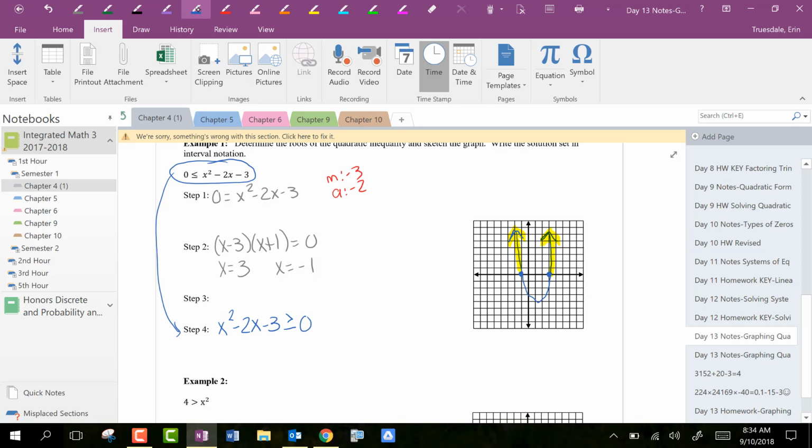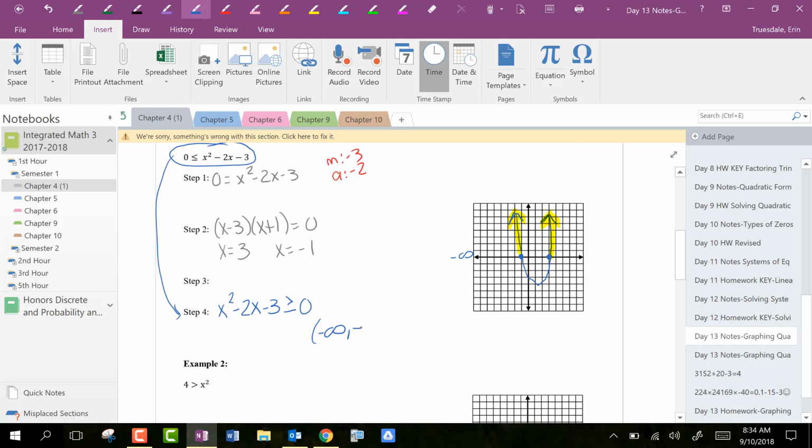So I'm going to start at negative infinity, and I'm going to climb up to where? Where does it stop? Negative 1. Good. Now I need to pay attention. Did it say greater than 0 or greater than or equal to 0? Greater than or equal.